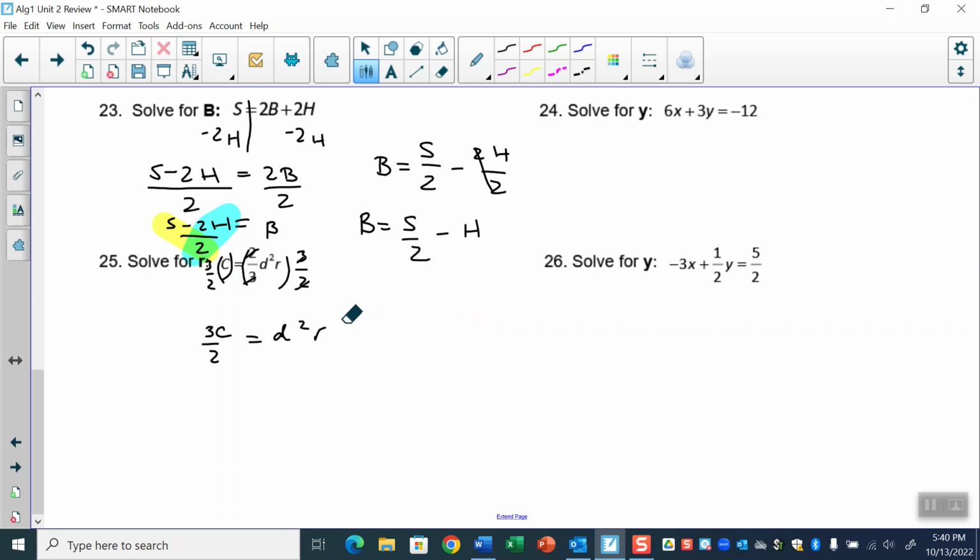And then now I want to get rid of the d squared. So I'm going to divide by d squared. So that means I'm going to divide this side by d squared as well. So d squared divided by d squared, I get the r by itself, and then that would be 3c all over 2d squared.